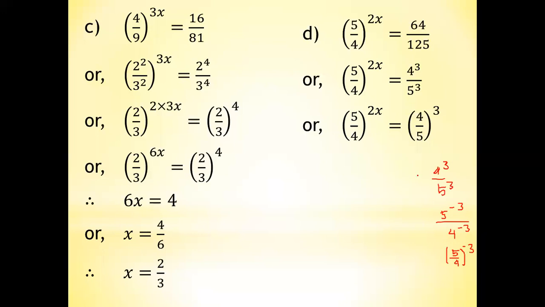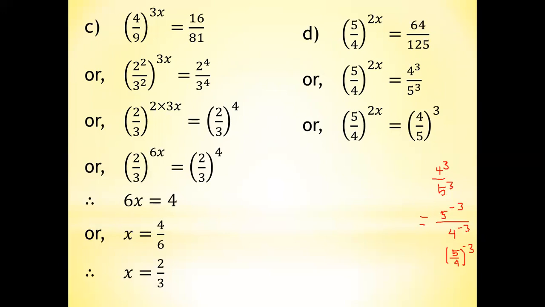I hope you have understood the idea very clearly. If not, let me tell you again so that things will be much easier for you. See, we have 4 cube by 5 cube. According to the laws of indices, let's take 5 cube to the numerator so that it will be 5 to the power minus 3, and then let's take 4 to the power 3 to the denominator, which will be 4 to the power minus 3.